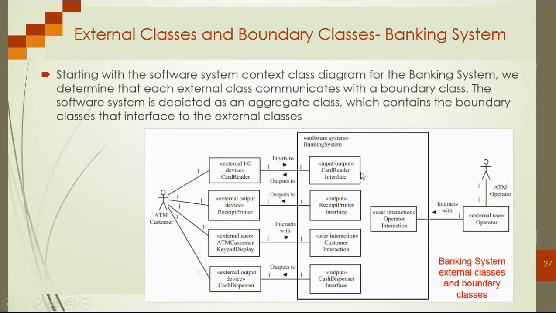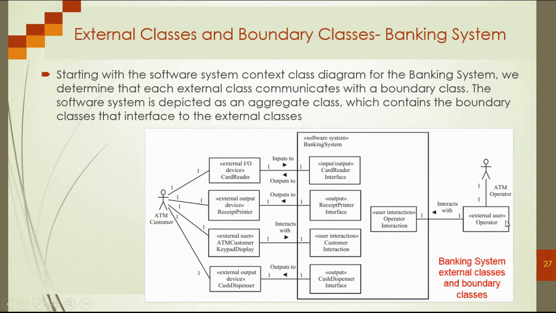In this example, we have three input-output devices, which are the cash reader, receipt printer, and cash dispenser. The keypad display, we don't consider it a device because it's a standard input-output device, so we consider it as user interaction.